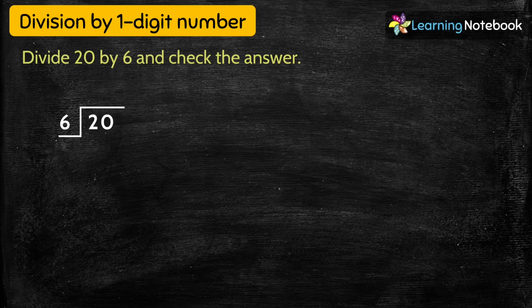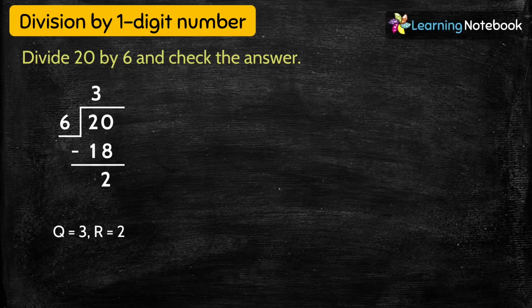Now let's divide 20 by 6. We know 6 into 3 equals 18 and 20 minus 18 equals 2. So quotient equals 3 and remainder equals 2.